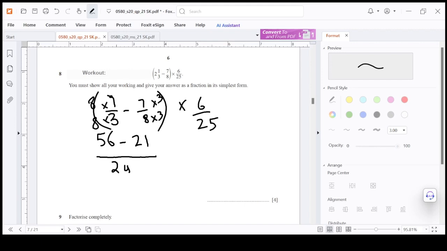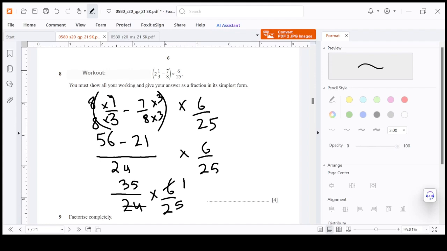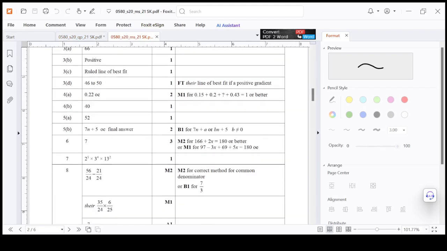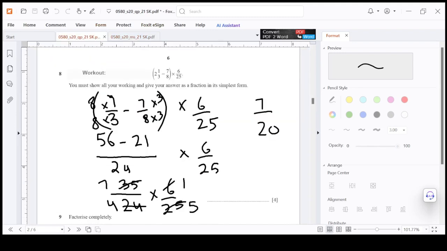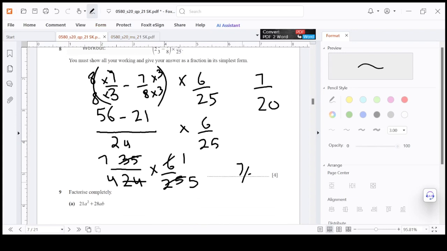That's going to be 21 times 6 by 25. Okay, subtract 56 and 21, we get 35 here, and 24 here, and 6 here, and 25 here. Cancel 1 and 4, and cancel 7 and 5. So we're getting 7 by 20. Let me check. Yes, that is correct. So 7 by 20 is the final answer.